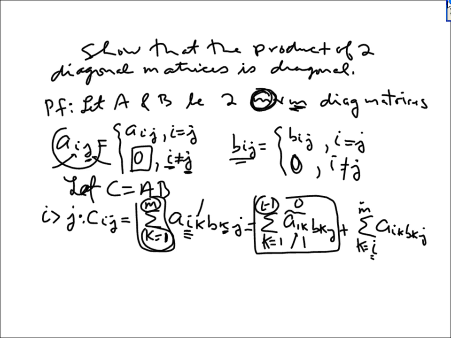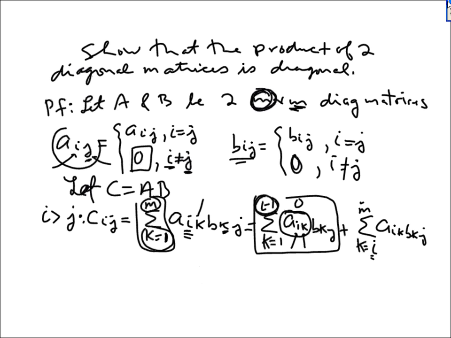Those two values are different. k can only be 1 or 2 up to i minus 1. k can never be i. The only value for k that will make a_ik not 0 would be a_ii, which doesn't have to be 0. But the bottom line is, it's not equal to that, because k is less than i. k only goes up to i minus 1.